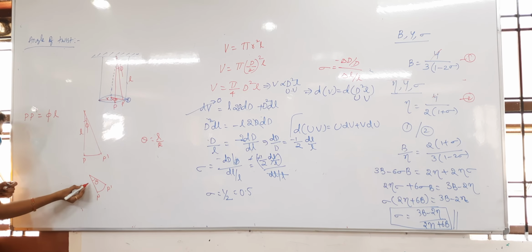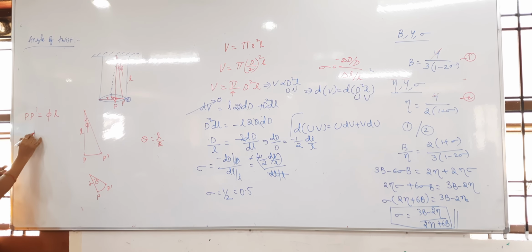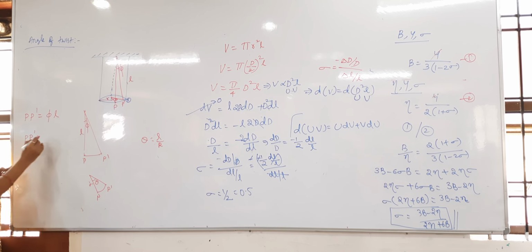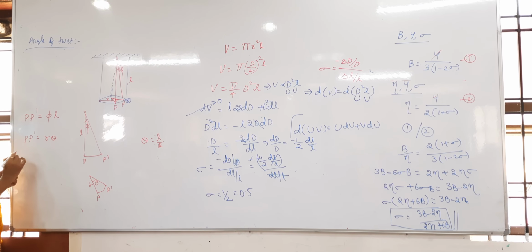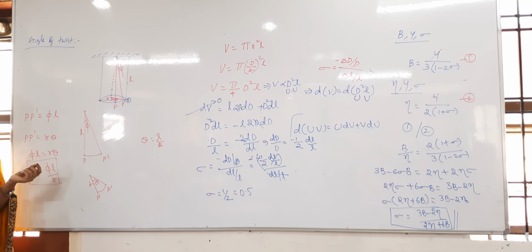For that, the smaller radius is R. Then again, P to P dash, the arc length, is R into theta. Both lengths are the same, so phi L is equal to R into theta, then theta is equal to phi L by R. This is the angle of twist. Theta is the angle of twist, and phi is the shear angle.